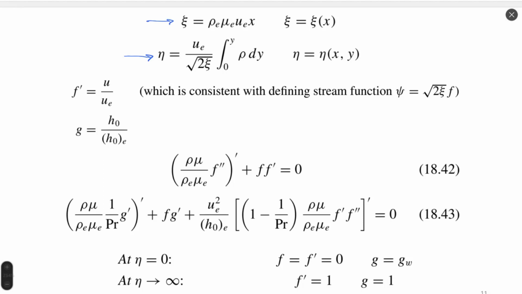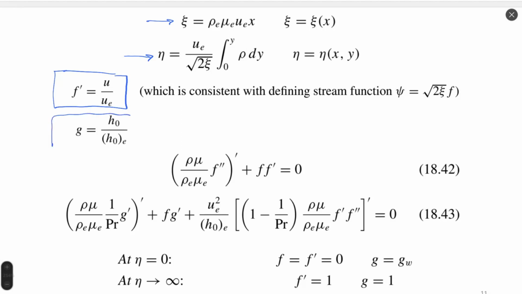Same as for the Blasius solution, we have the definition of f prime as a ratio of velocities, and to take into account the change of density, let's say using the energy equation, we are introducing another independent parameter, which is the g function.